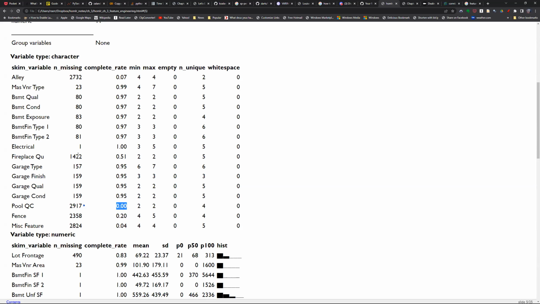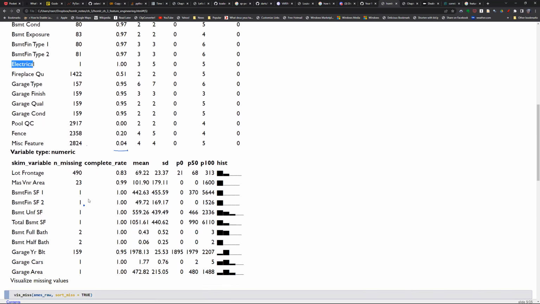Okay. And also we have, for example, electrical here that only has 1. So that could be probably an error or maybe something that skipped the information gathering, etc. So this is kind of easy to manage here. But the ones that are very high in missing values, we have to see what we are going to do.